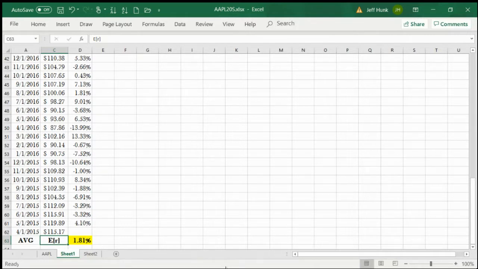In other words, it's the probability weighted average. In other words, you might think when we say expected, people generally don't understand what it means.